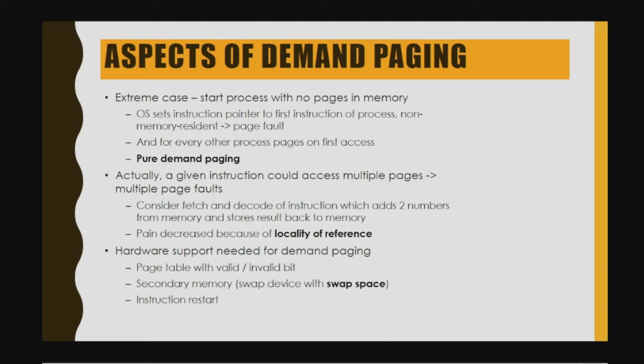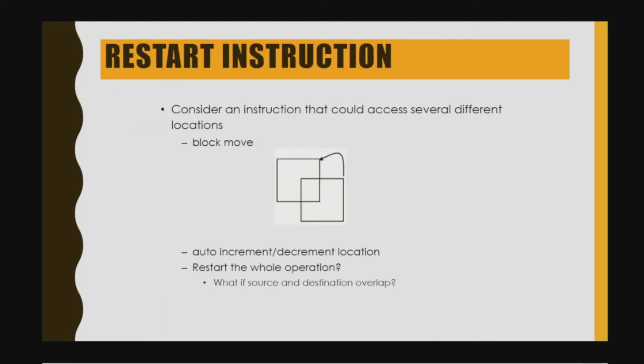Hardware support is needed for demand paging: a page table with valid and invalid bits, where valid is V and invalid is I, and secondary memory, the swap device with the swap space, plus instruction restart. So this one is about the aspects regarding demand paging. In instruction restart, consider an instruction that could access several different locations.